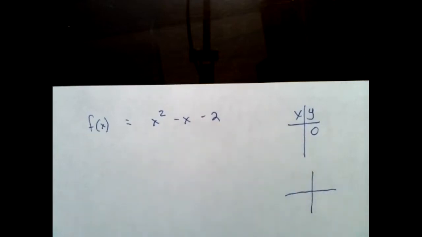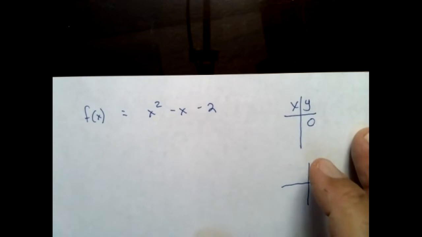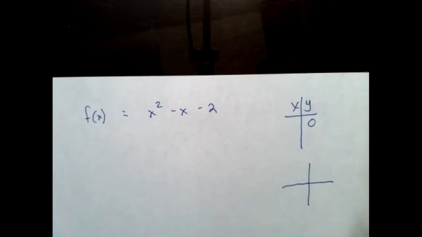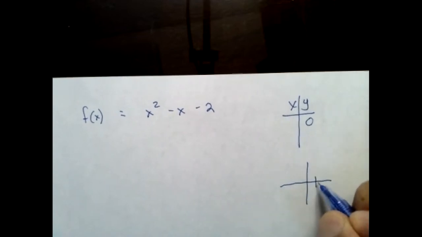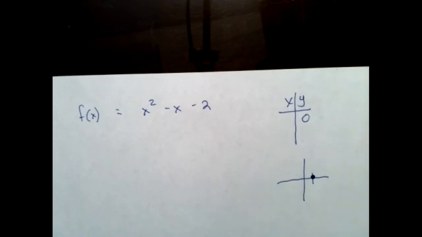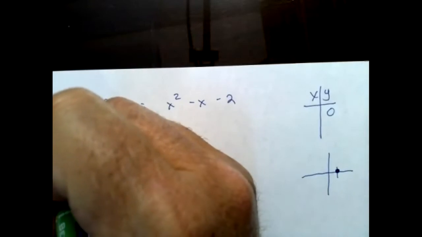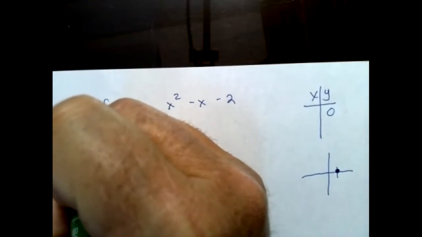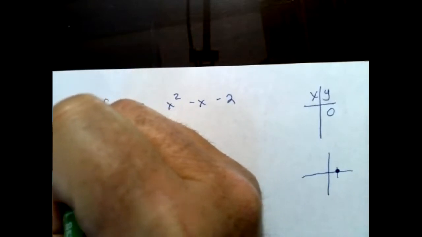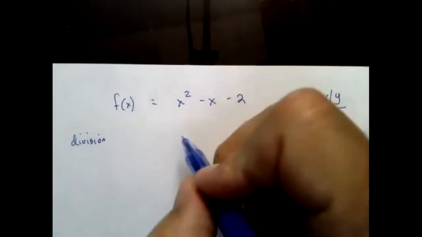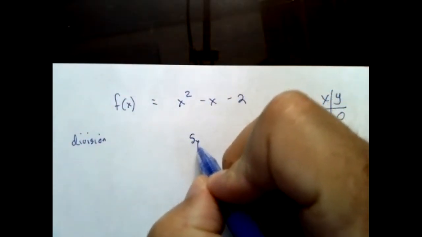Well, we learned in last class that we have these things called zeros that are actually my x-intercepts. I wanted to be able to find a 0, and I had 2 ways to find a 0. One was division: we have long division, and we had synthetic division.